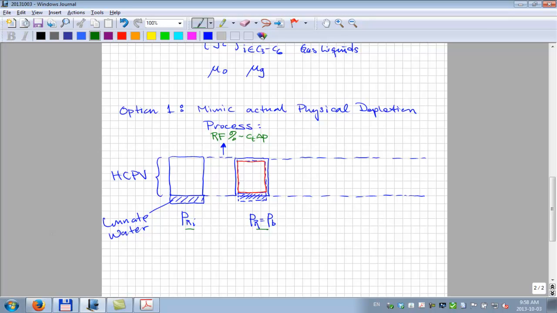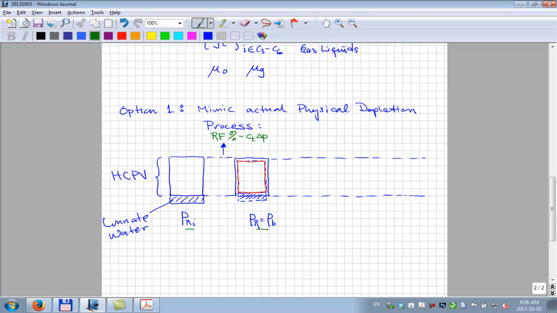So in that case, it does make a difference. Okay, so when I say not very much, I'm saying it in connection with what the laboratory is doing, mimicking the actual process. The fact that we lose hydrocarbon pore volume, 1 to 5%, we're going to ignore it, good or bad.